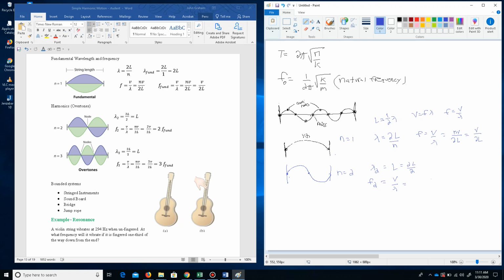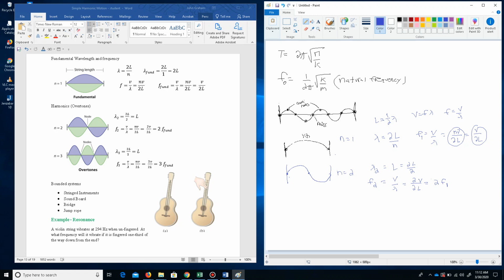And so when we put it in, we get 2L over 2 times V. Okay, which still matches this equation. Our N is just 2 here. And then we have the 2L on the bottom. So this V over 2L becomes 2 times what we have here. So 2 times the fundamental frequency, or F1 as we want to call it.